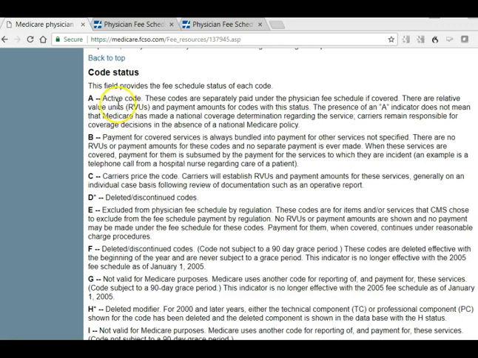If you had any other indicator in there, saying, for example, B might be a bundled service, meaning that it's included in the service of some other code. Well, what does that mean? A bundled service is, for example, a diagnostic colonoscopy is included in a surgical colonoscopy.